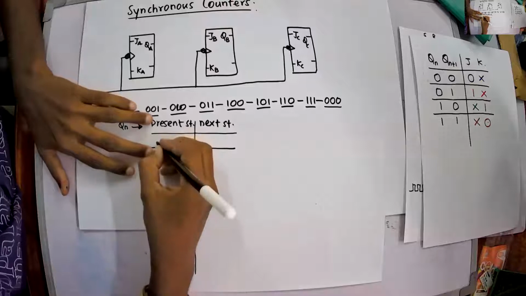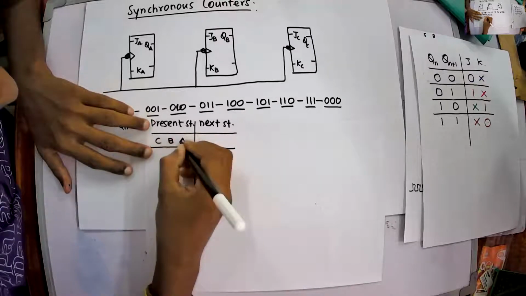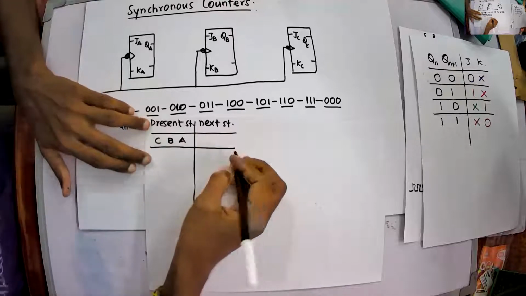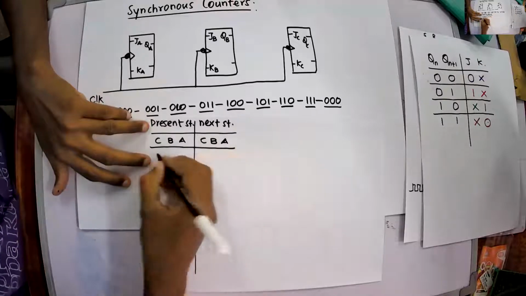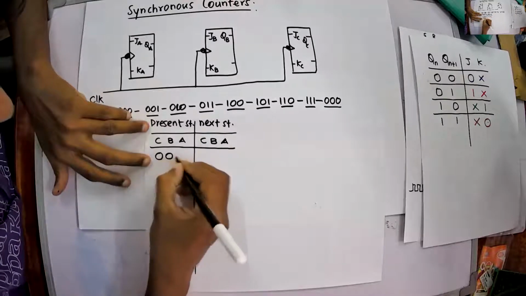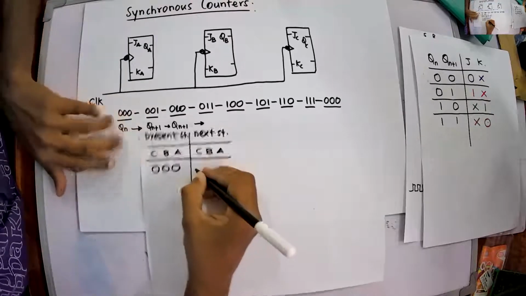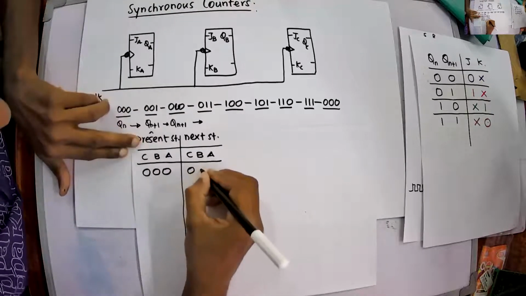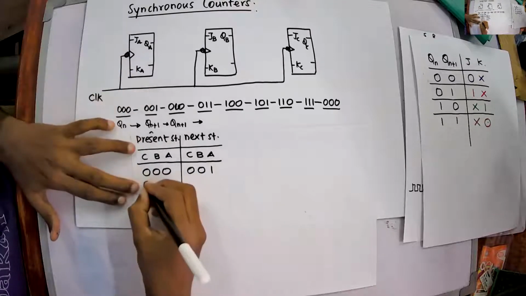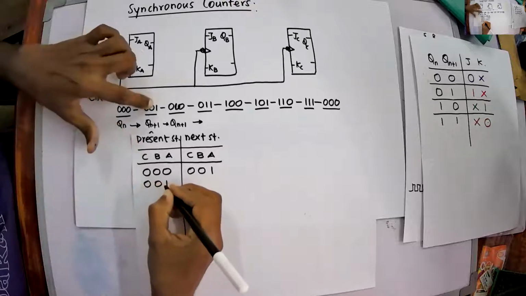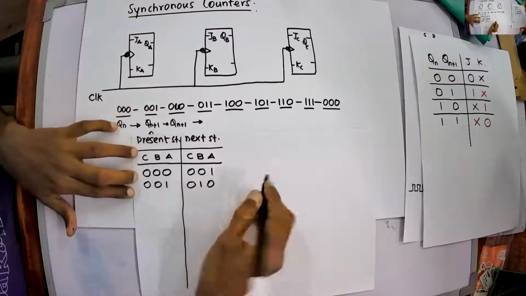So maybe I can put it as C, B and A. Here C, B and A. So if my present state is 0, 0, 0, my next state must be 0, 0, 1. If my present state is 0, 0, 1, my next state should be 0, 1, 0.